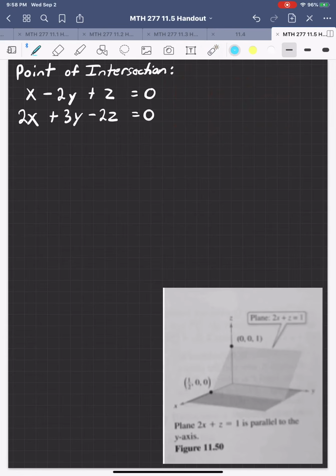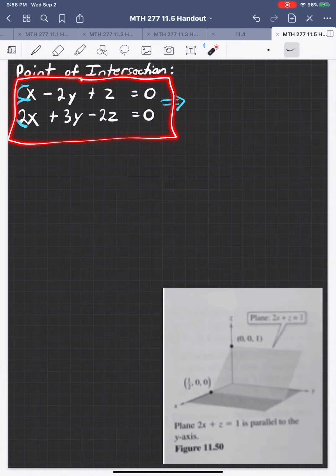We're going to do the same thing, except we're going to use a system of equations to find the line of intersection. So okay, let's proceed. By the way, if you know how to use matrices, that can, no, let me not do that.